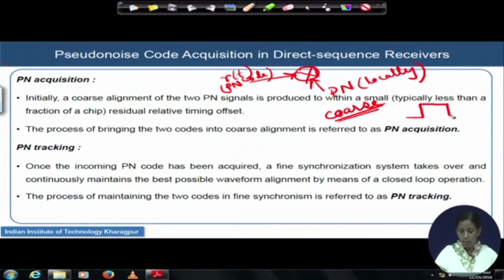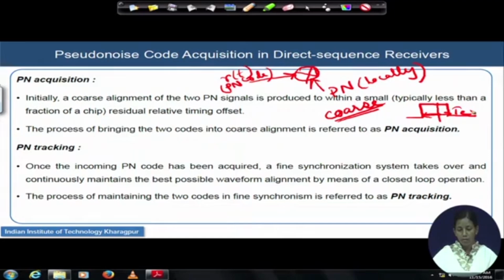At least within the chip duration we try to align them, and if possible within at least half of the chip duration. That means the remaining residual error should always be less than or equal to the chip duration Tc.